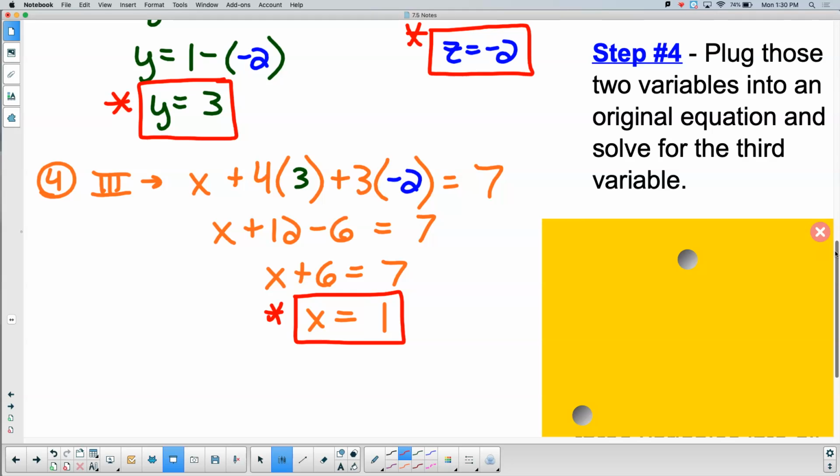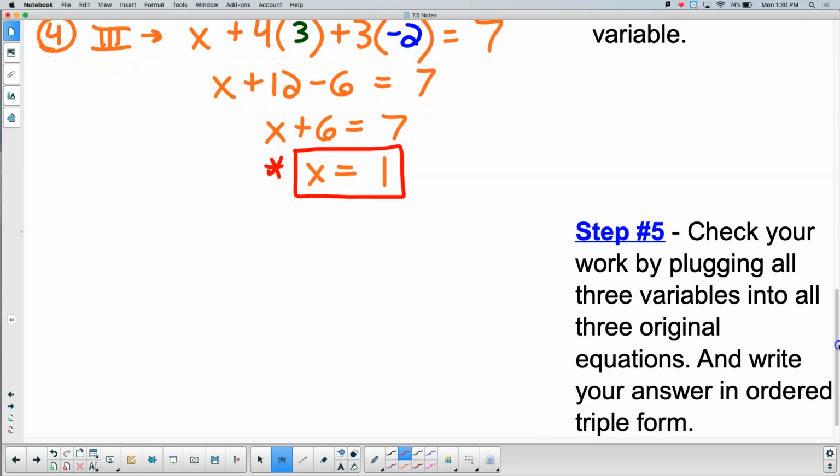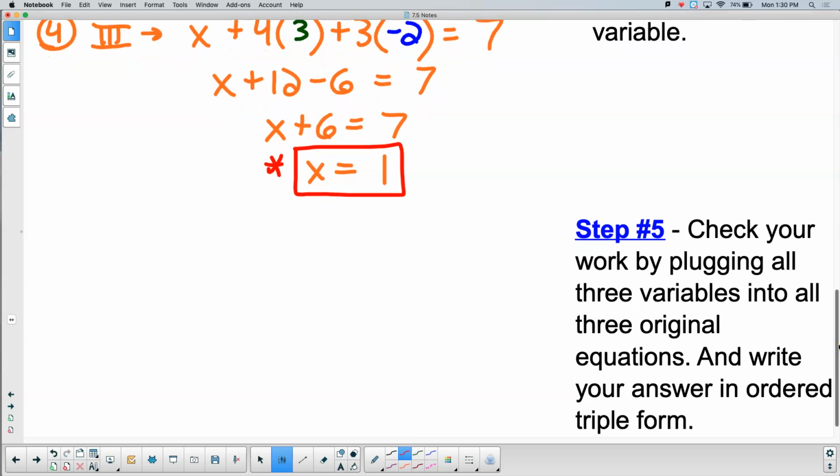Lastly, what we're going to do is check our work by plugging in all three variables back into all three original equations. And then we'll write our answer as an ordered triple.